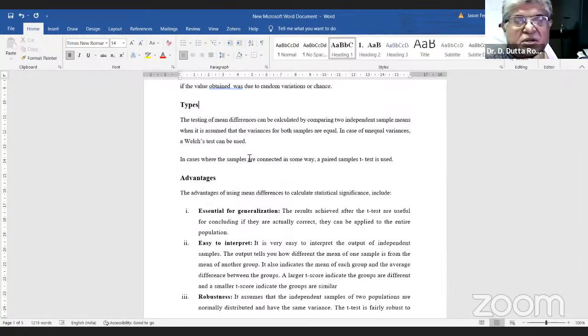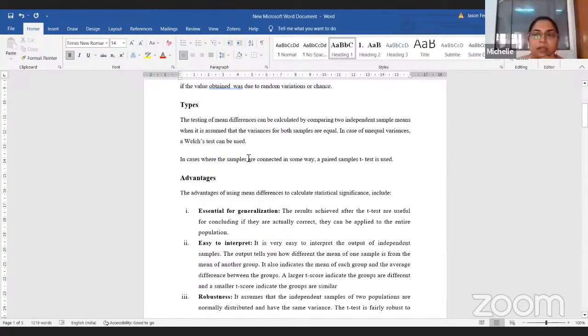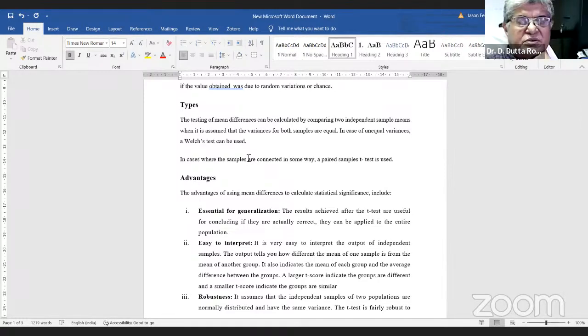So when you are talking now about comparing two independent sample means, the thing is that we want to find out the explanatory variable. That is the most important part that is missing. So you can modify this one.